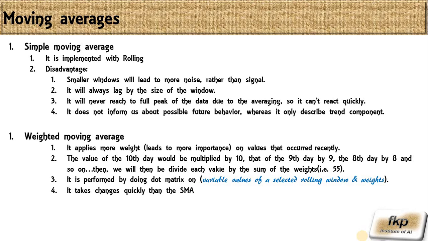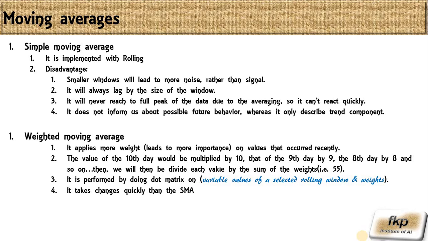Now, the other one is the weighted moving average. What happens in this calculation is that it applies more weight to the values that occurred recently, meaning for the past data it applies a smaller weight and gives less importance.